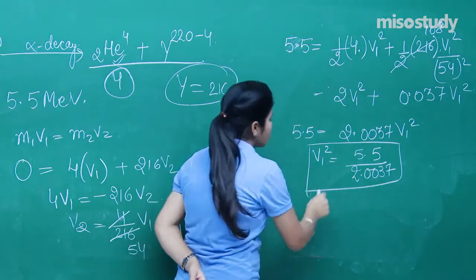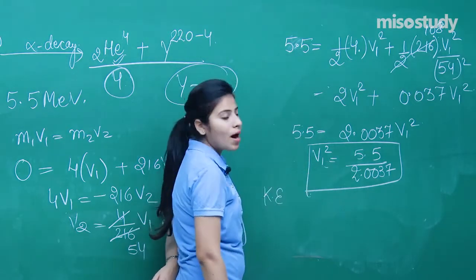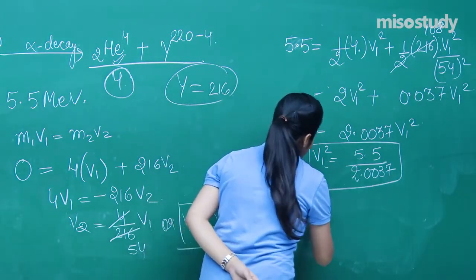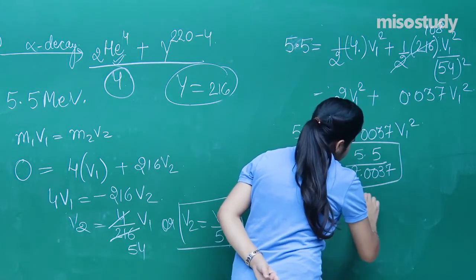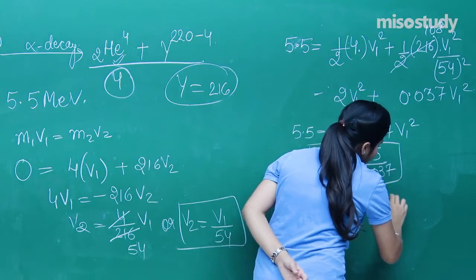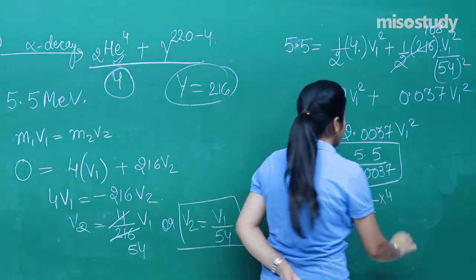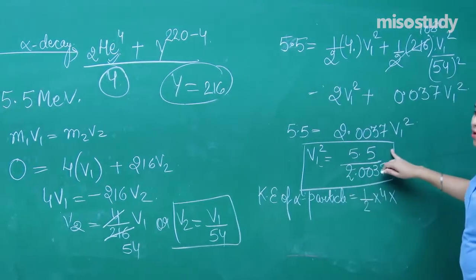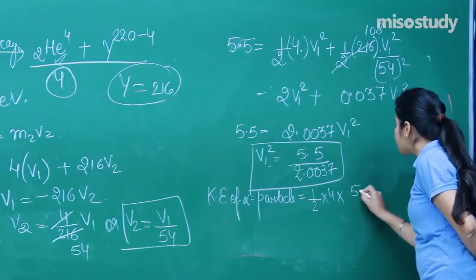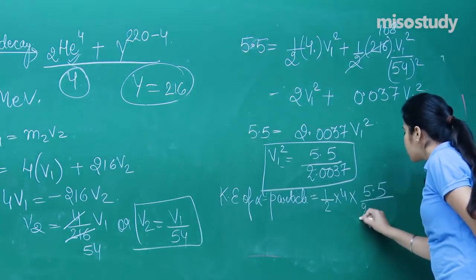We know V1 square and we know the mass, so we can easily find the kinetic energy. Half into m1, where m1 is 4, into V1 square, which is 5.5 divided by this complete value.